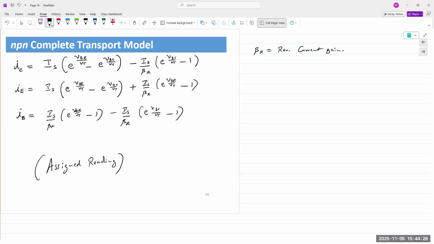Will we use it? Yes, a little bit. There's one or two I need to review, but I think there's a couple of problems with the transport model.